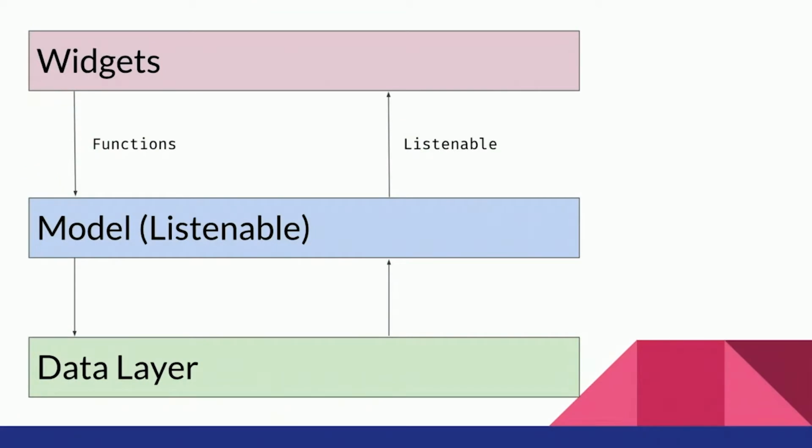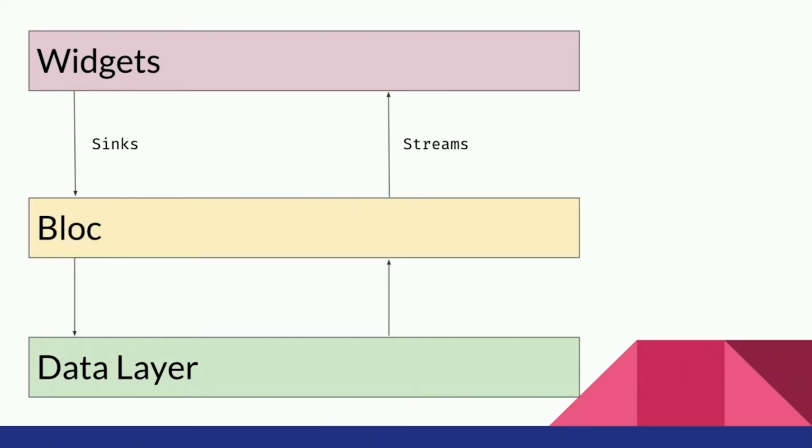One question I get asked a lot is, what is the difference between model and BLoC and MobX? To be honest with you, if you think about your architecture in this simplified way, and I think if you think about your architecture generally, I don't think there is that much difference. This is kind of a side point, but I think that models, BLoCs, which communicate via sinks and streams, MobX stores, or Redux, these things almost all fit into the same part of the architecture diagram.